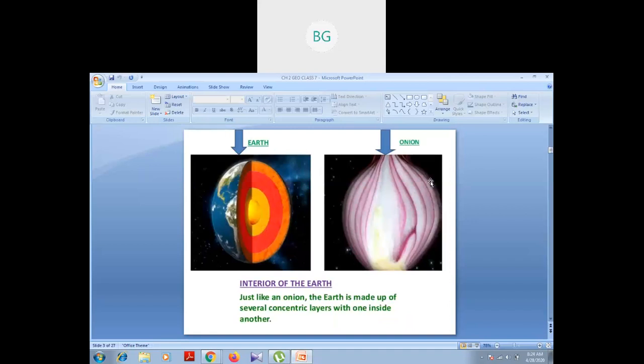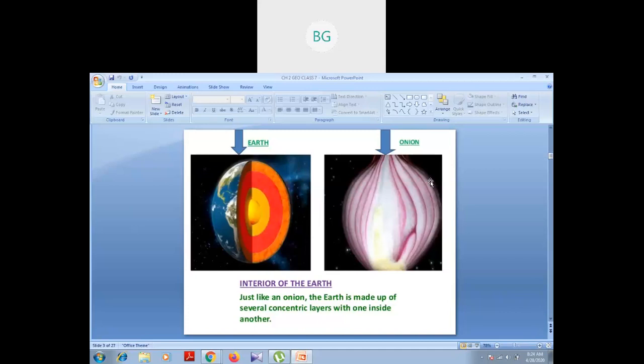If we cut our Earth, suppose we can't do it, but if we were cutting the Earth, we could see the different layers inside the Earth. Like your birthday cake, there are layers: a chocolate layer, a strawberry flavor layer, a vanilla flavor layer. Like this, our Earth also has some layers in its interior.